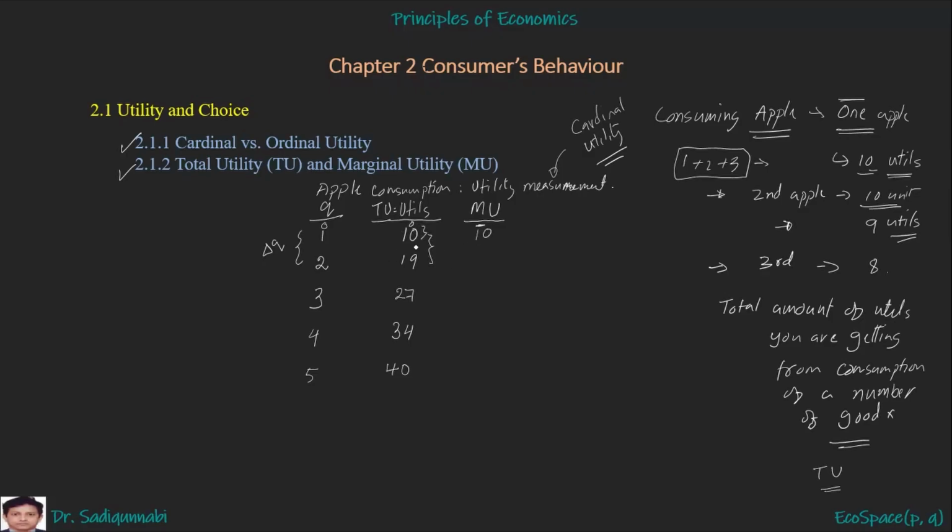Then the difference between 10 and 19 is 9. The difference in quantity is only 1, 1, 1, 1, 1. So we can count the marginal utility as 10, 9, 8, 7, and 6. You can add one more, but enough.